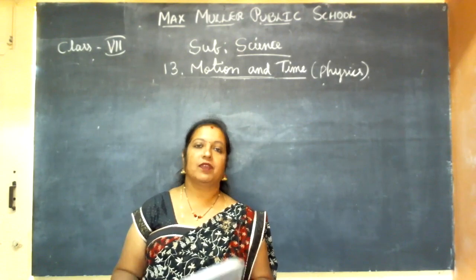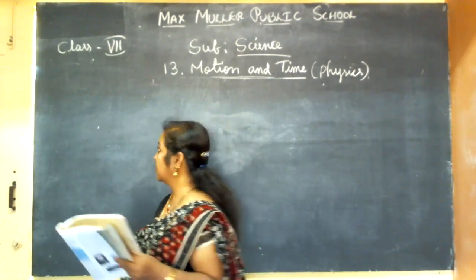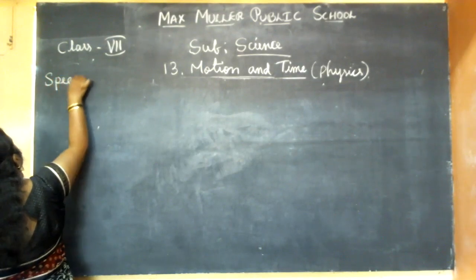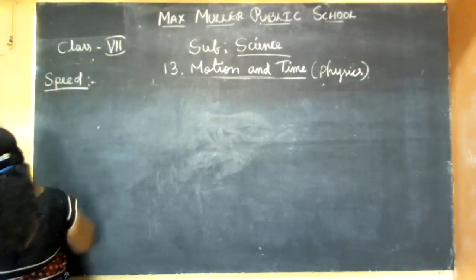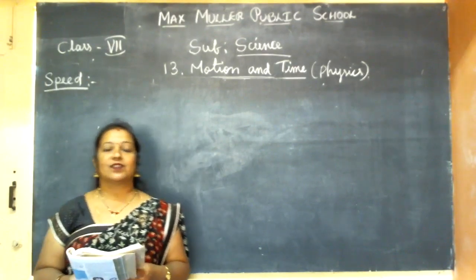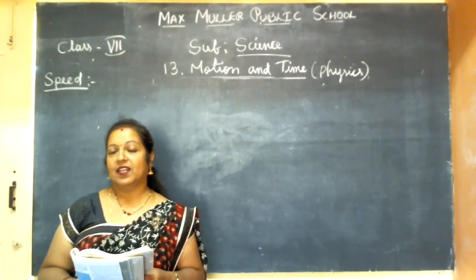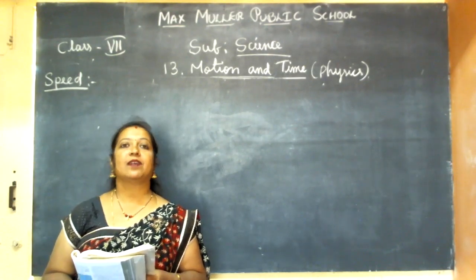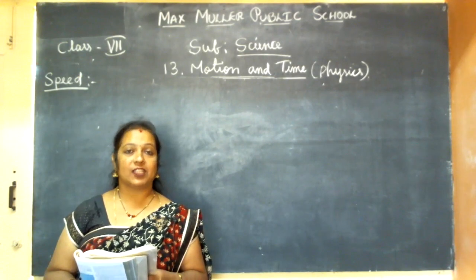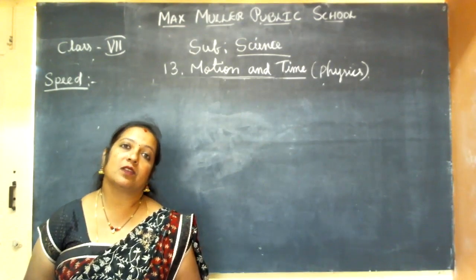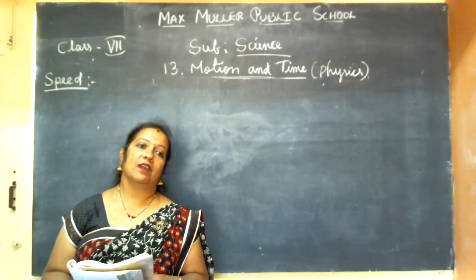So today we will discuss the topic speed. Maybe you are already familiar with it, you understood from the examples given there. So how do we calculate speed? Who has more speed? Who has less speed? Which body is moving in a slower way, or in the fastest way?